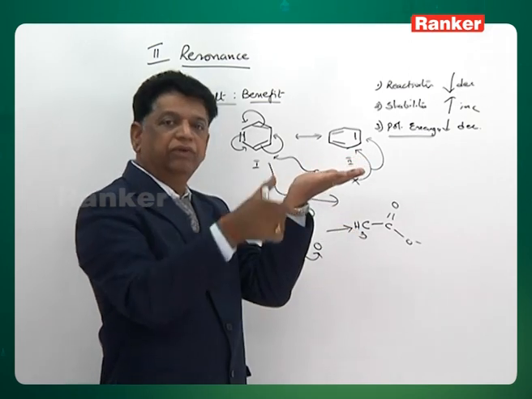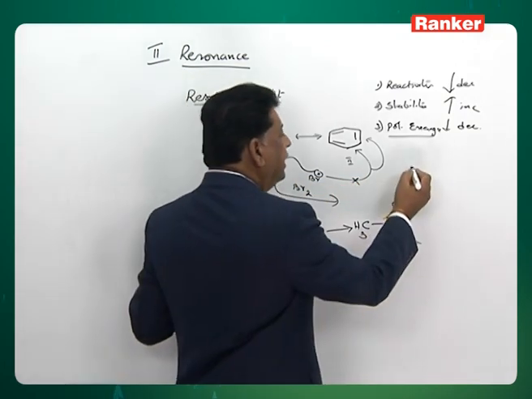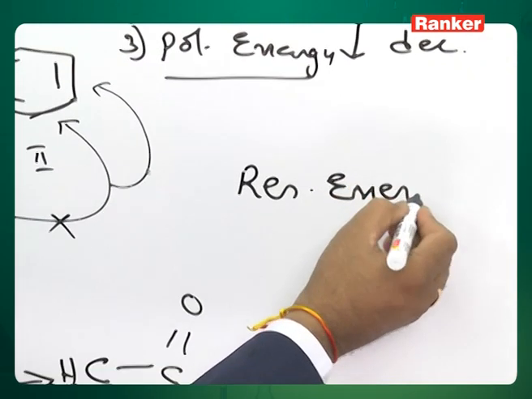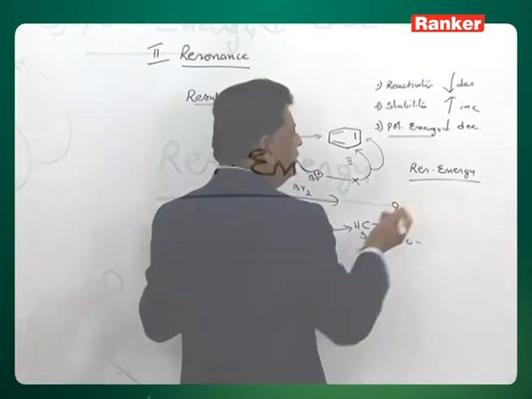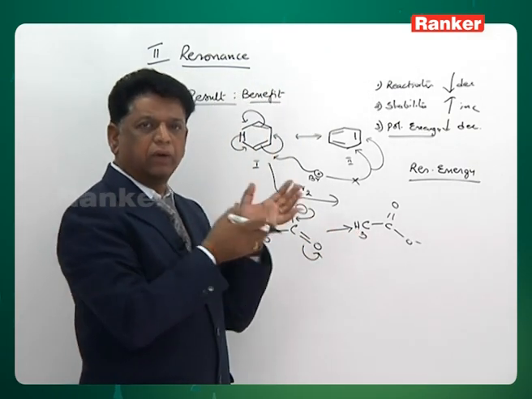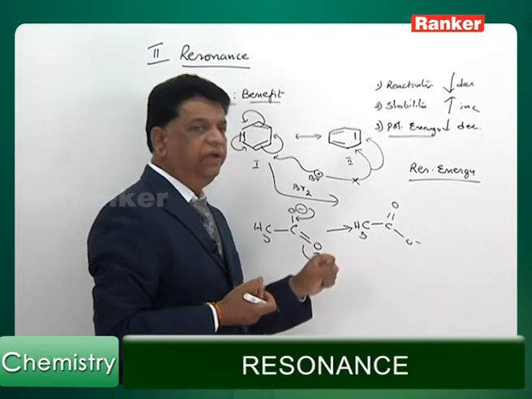So a certain amount of energy is released. That released energy you can call resonance energy. The definition of this energy is very simple: the energy released when a non-resonance molecule acquires resonance. But it is very difficult to measure it.